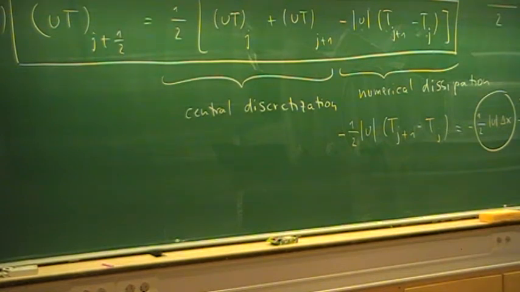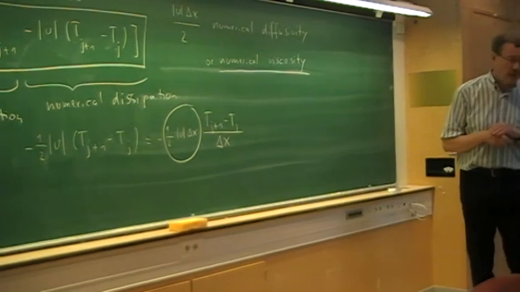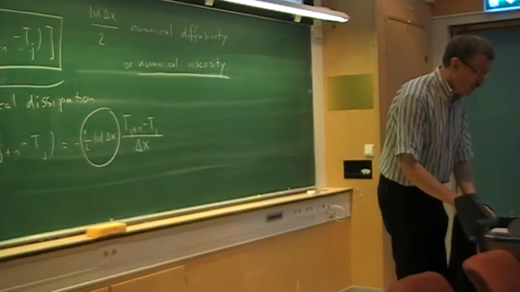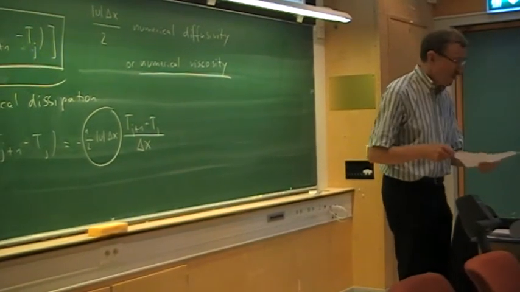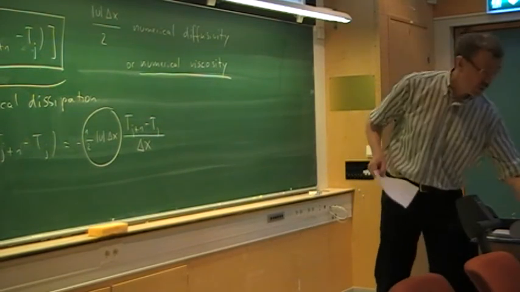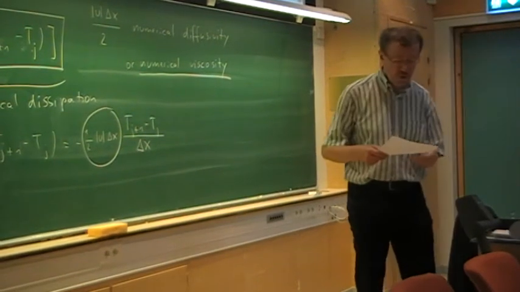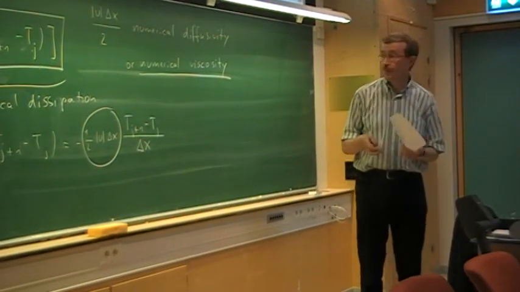Okay, now we want to do an analysis of this method, the upwind method, in a little bit more detail than also we have done in the previous course, Introduction to CFD, last semester. And the technique that we are going to use is the modified equation. You have a very nice account of that in the textbook. And I'll show you how it works.